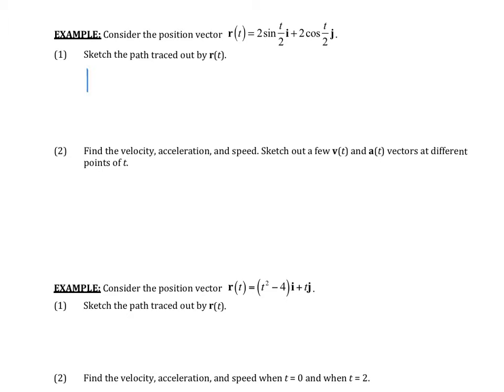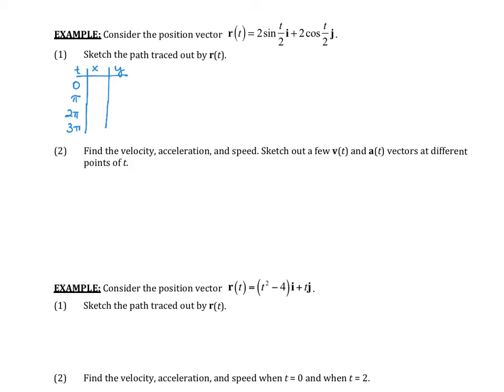So the easiest way to do this probably would be, just like when we were dealing with parametric functions, to look at a table of values as it relates to t. And I'm going to choose t values that will work out nicely for us.